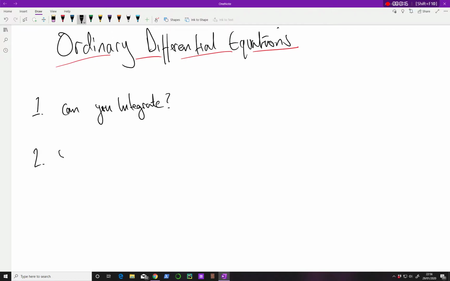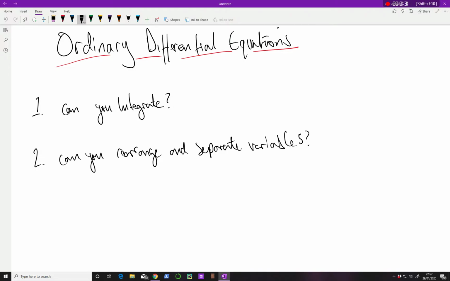So, can you rearrange and separate variables? And then I guess the third thing is you are being tested on your ability to spot patterns and basically simplify equations.